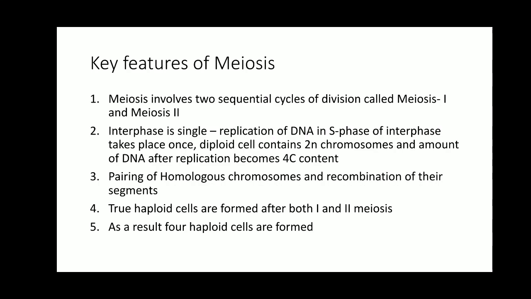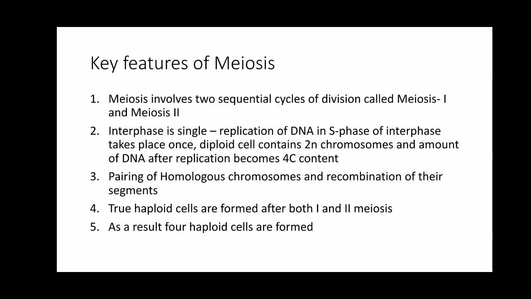Now let us see some of the important key features of meiosis and how it is different from mitosis. Mitosis is a single division and meiosis is a double division, which involves two sequential cycles of division called meiosis I and meiosis II. In the case of mitosis, interphase is single. It is the same in meiosis also. There is a single interphase where replication of DNA takes place in the S phase, and only once.